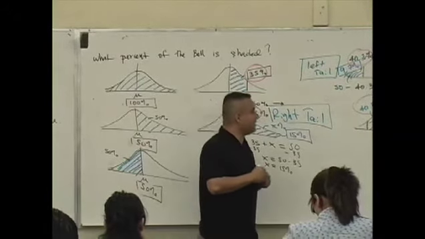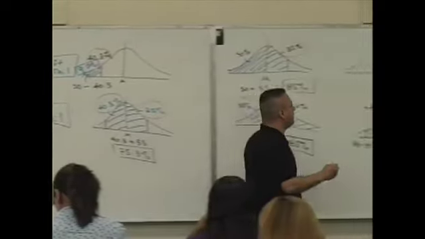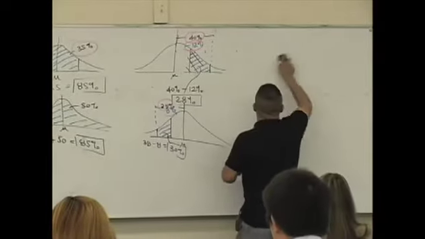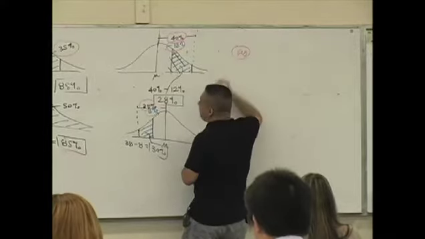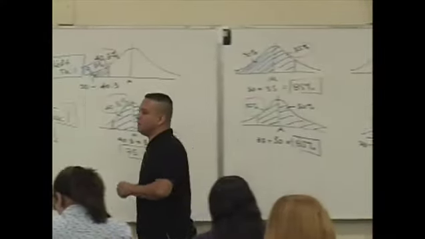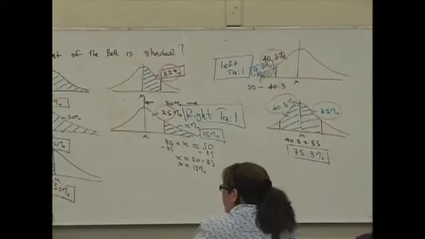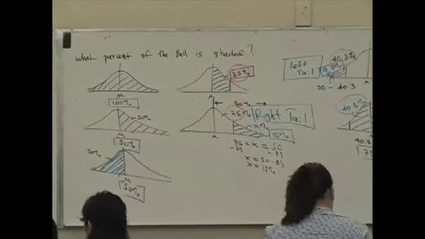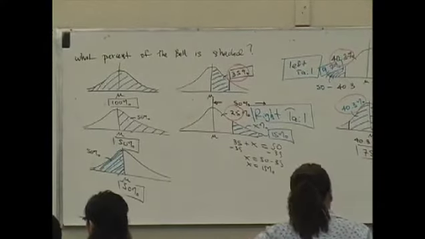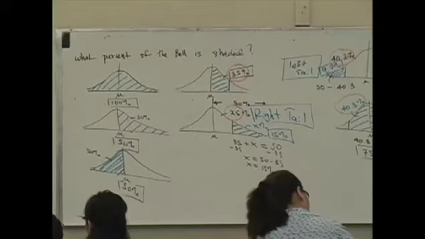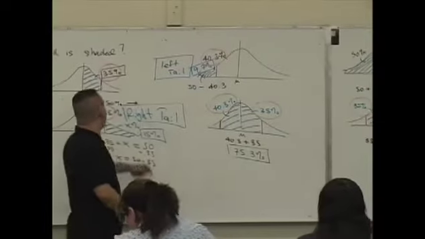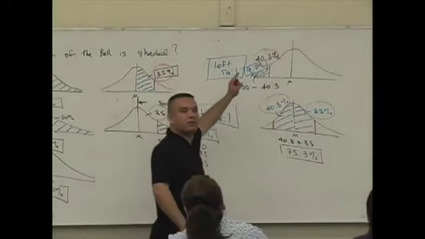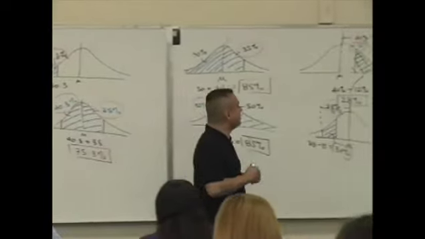Here is the key. And my red marker is gone. Let's try to see if we can keep this key in red. I hope we can. Okay, so I circled in red the key to answering each one of these questions.